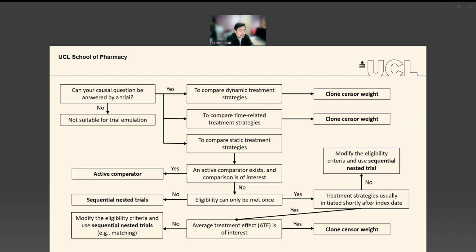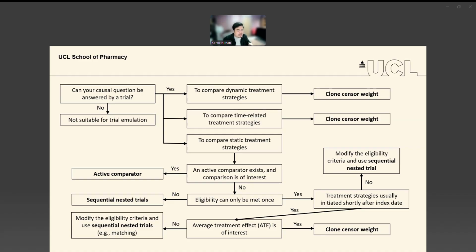If no, then are active comparators available, or is it something that you may be able to implement? If yes, then you could simply use the active comparator setting. If no, then the next question is, will the eligibility criteria be recurrently met? If no, then you could use a sequential nested trial because eligibility could be met more than once.